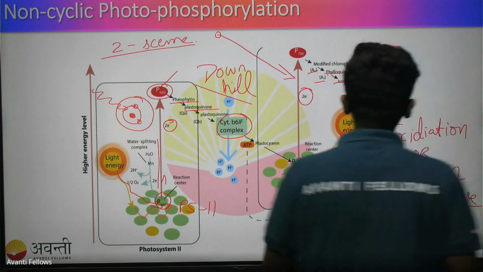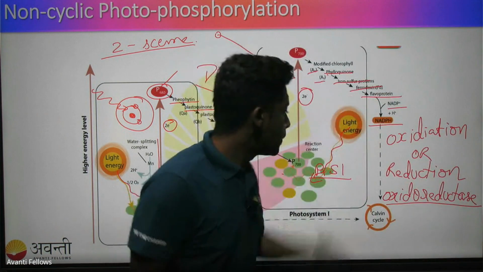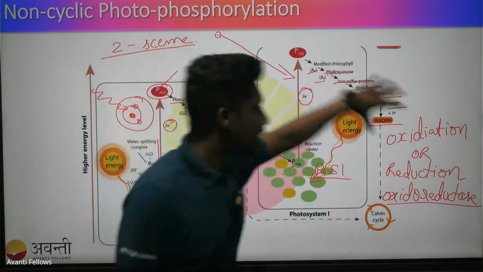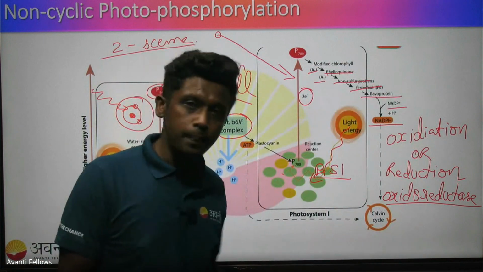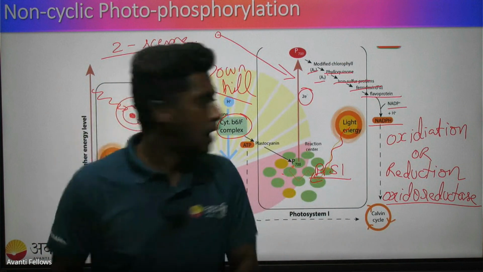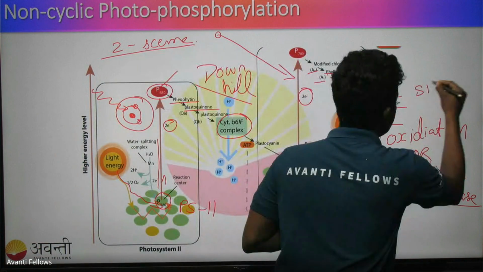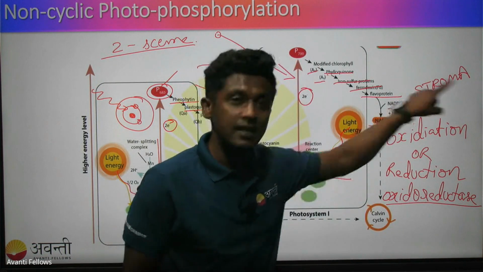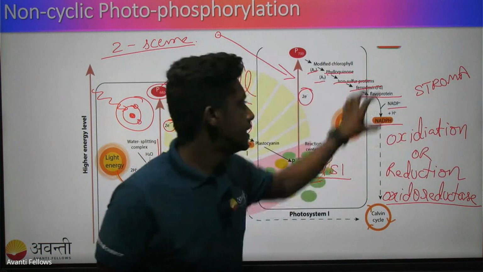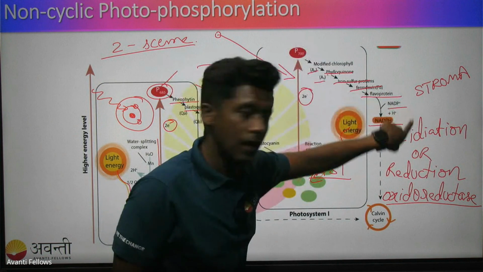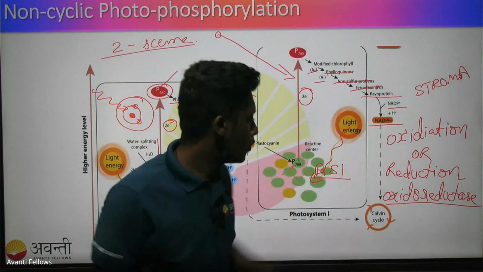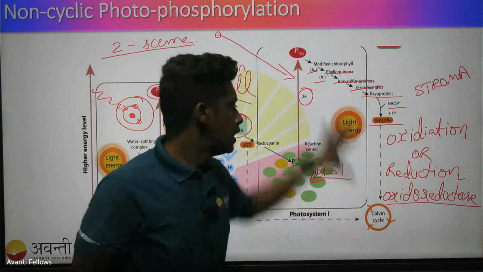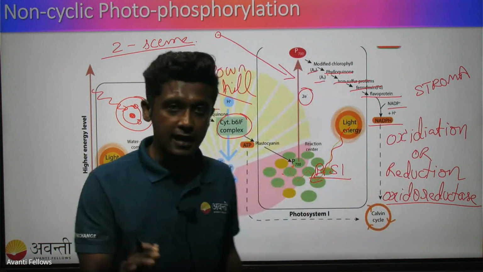This happens through the NADP reductase enzyme, which is present in the stroma. I will just mark it here. This enzyme converts NADP plus to NADPH. So this reaction happens. Understand this point.